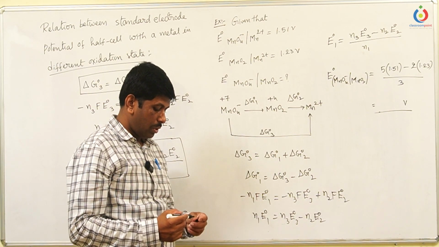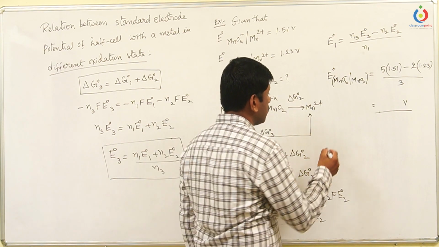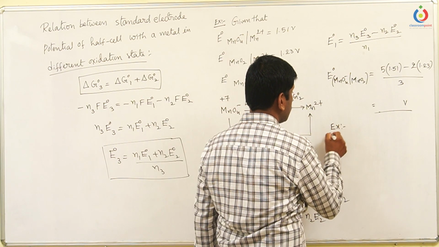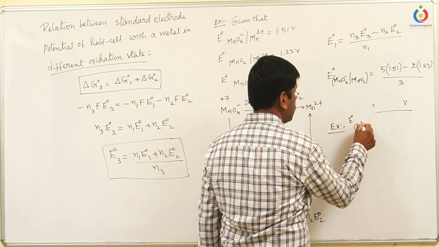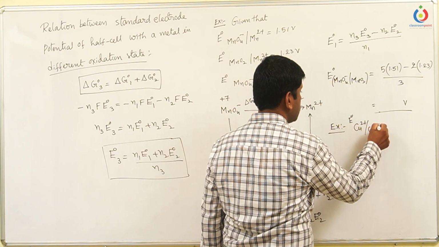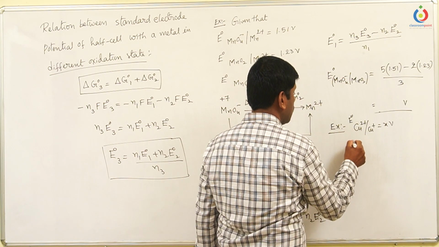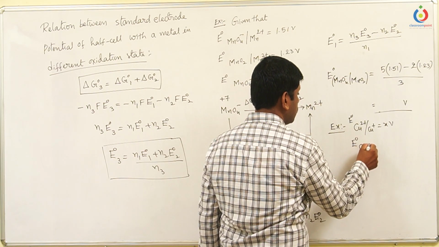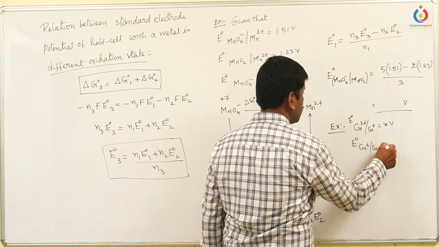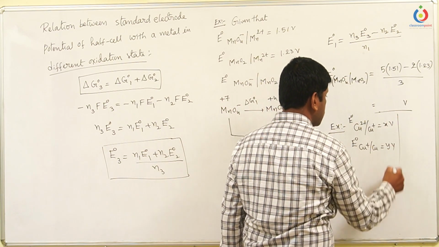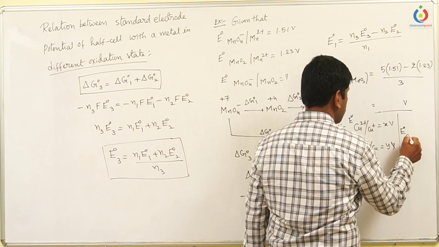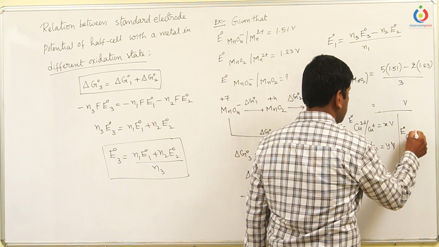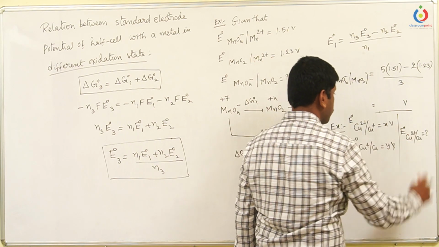So like this we can solve such questions, and I will give you one more question. Imagine E0 of Cu2 plus by Cu plus is given as X volts, and E0 of Cu plus by Cu is given as Y volts, and they are asking what is E0 of Cu2 plus to Cu.